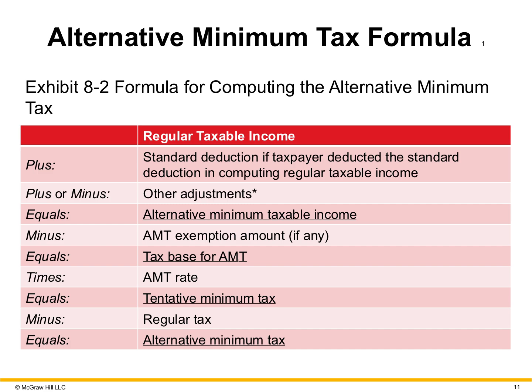So to calculate alternative minimum tax, we start with our regular taxable income. Then we add the standard deduction if the taxpayer deducted the standard deduction whenever they computed their regular taxable income.